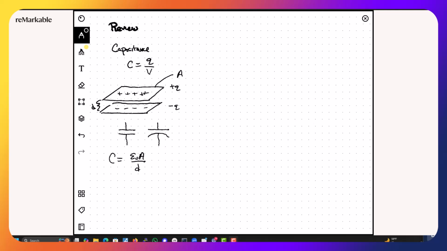Okay, so there are a few other things that we learned. We learned about series capacitors, and they have the same charge. So we could write a series capacitor pair like this. So this is C1, this is C2, and we often want to replace them with an equivalent single capacitor, which has the same charge.